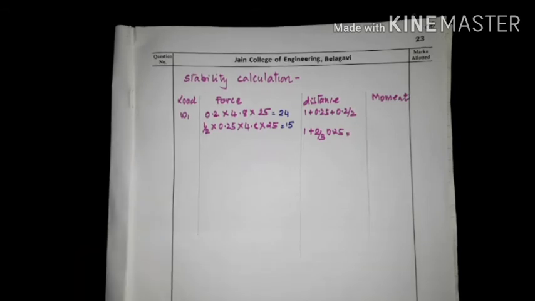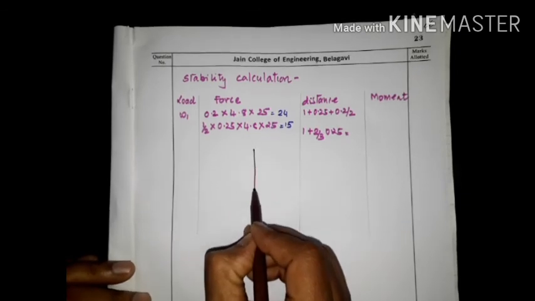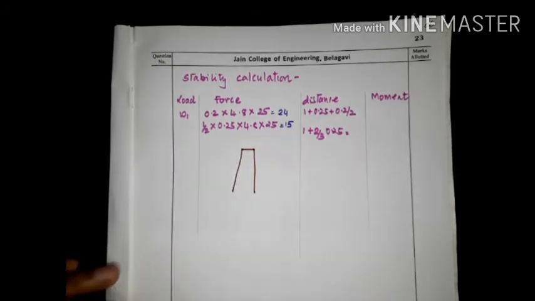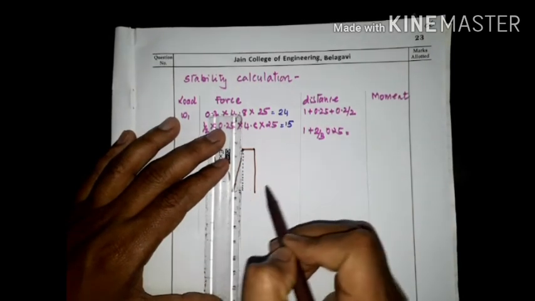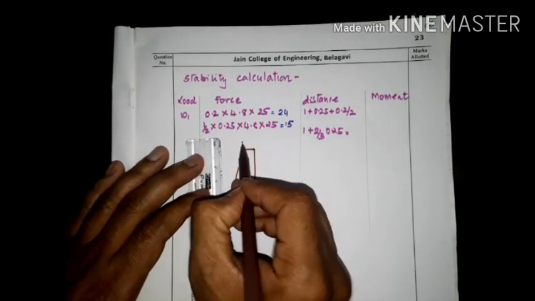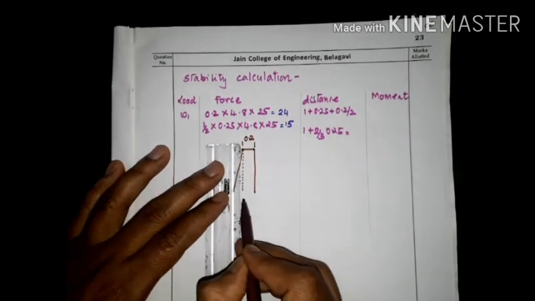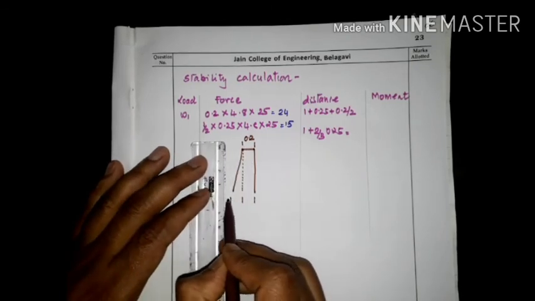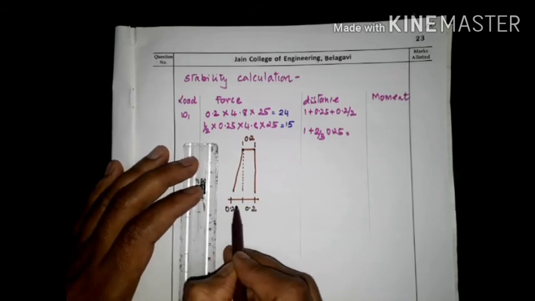So you have got the stem like this. Again, if I divide, you'll get like this. Okay, so this we have got as 0.2, and this again is 0.2 and this is 0.25.